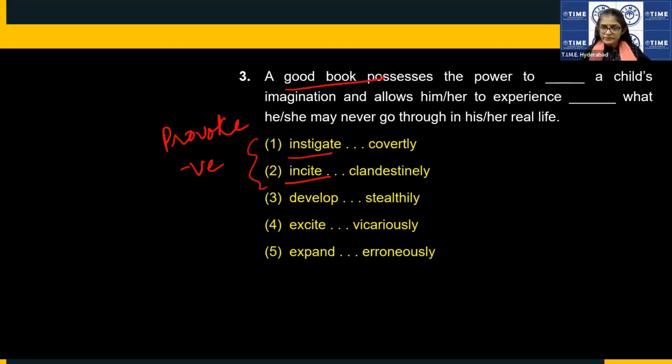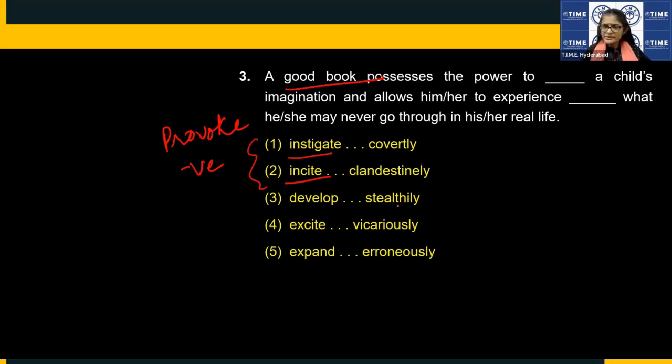Okay. Here again, covertly or clandestinely means secretly. So through the book, they secretly experience what they do not experience in real life also doesn't make sense. These two we can eliminate. Okay. To develop a child's imagination is fine.